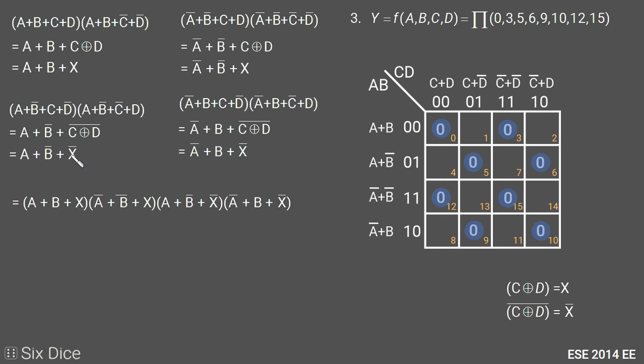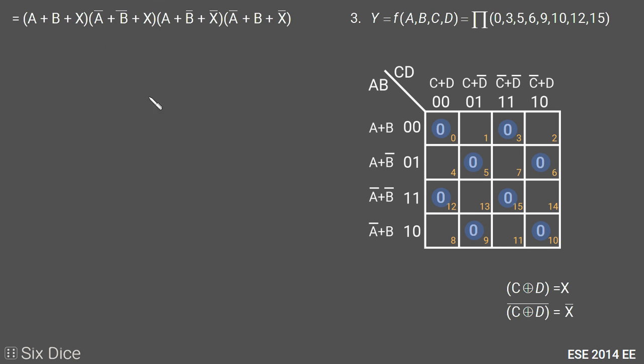Now we need to multiply all these 4 terms because we are dealing in POS form, product of sum form. So now after simplification, we will perform simplification with the first 2 and the second 2 here.